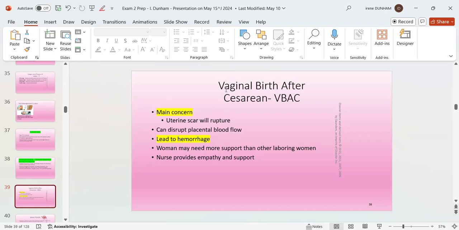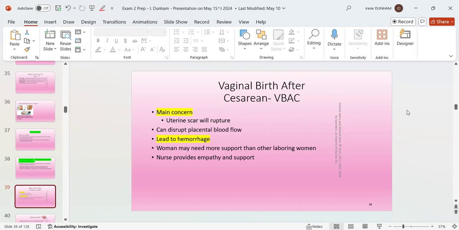So, a lot of ladies like to do this, and we have a big consent form, very long, and there's a lot involved because they have to go into spontaneous labor, because I told you, you can never induce them. Sometimes they start in spontaneous labor, but then they start to dwindle out, and you have to augment them.